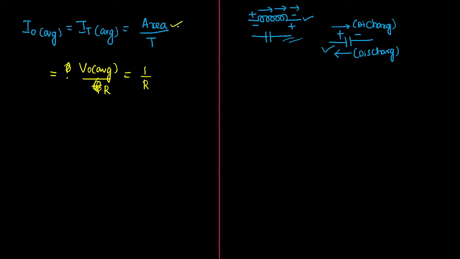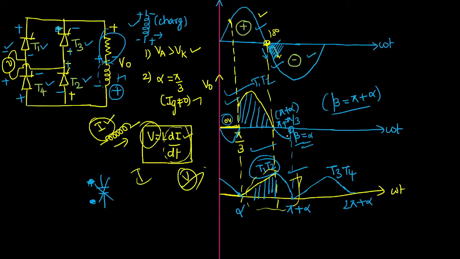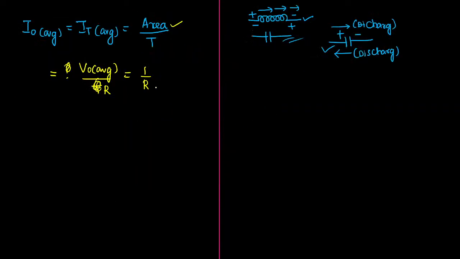Why am I not directly calculating I naught average? See, it is in charging nature. It is not the same as a sinusoidal waveform. So instead of focusing on this current, I am calculating V naught average and then dividing it by R, so that it will be easy to calculate the answer.